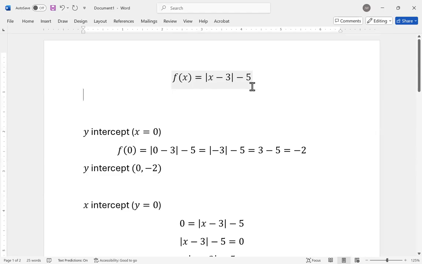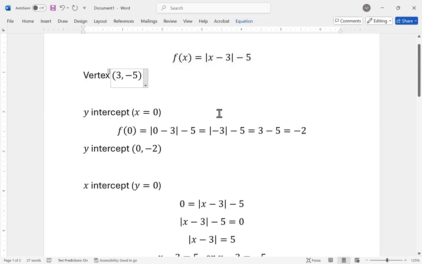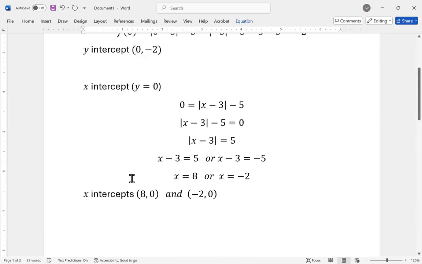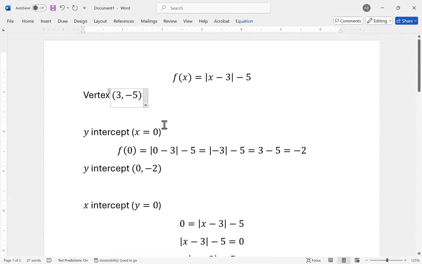So technically, our new vertex is going to be at the point 3, comma, -5. Let's go ahead and graph all of those points, the vertex, the y-intercept, and the two x-intercepts, and see if that all lines up to what we get with technology when we graph this.